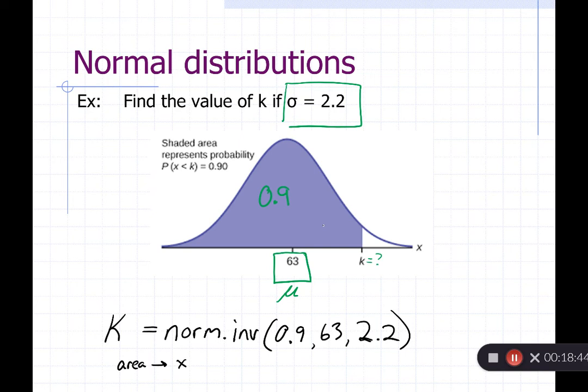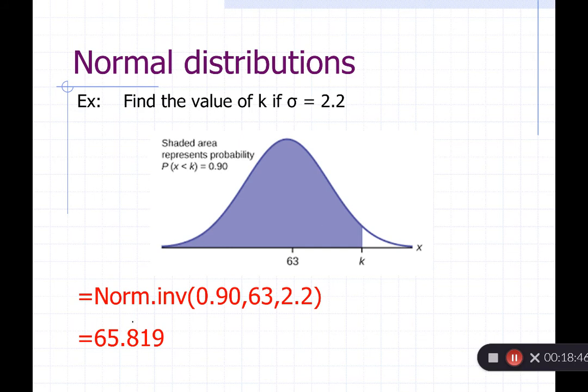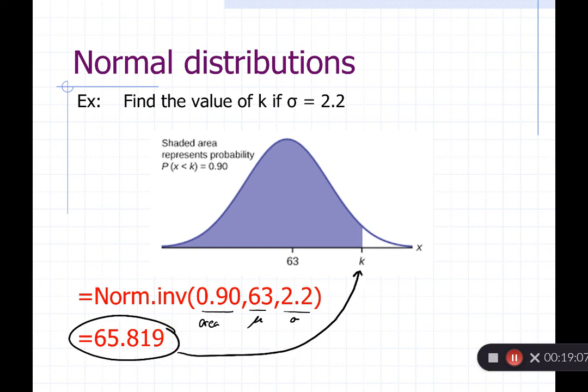I think that's all 8 we've talked about. Norm.inv, area, mean, standard deviation. And that is our value of k. Looks good. It should be above 63 because it's to the right of 63.